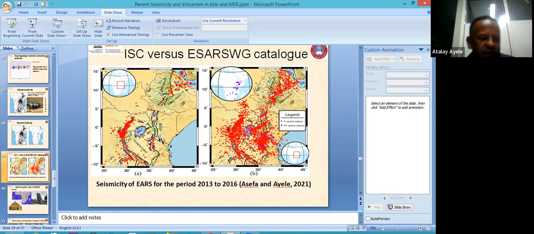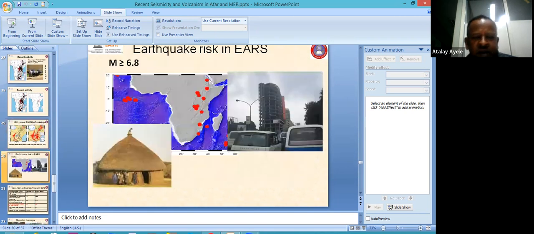When we come to hazard, you see these red dots distributed along the East African Rift are earthquake magnitudes of 6.8 and above. Now, urbanization in almost every country is booming. If our houses were just like this tukul where our ancestors used to live, nature would have been friendlier, but that's not the case.